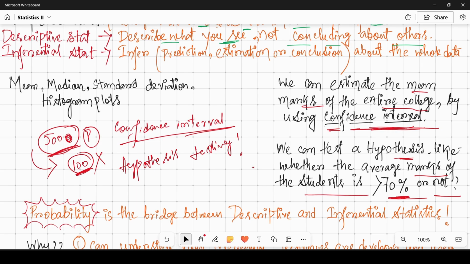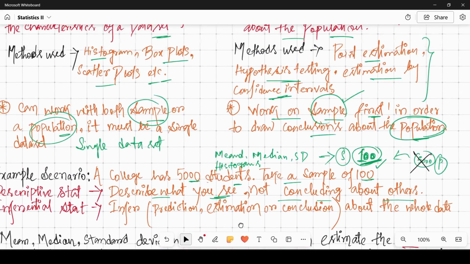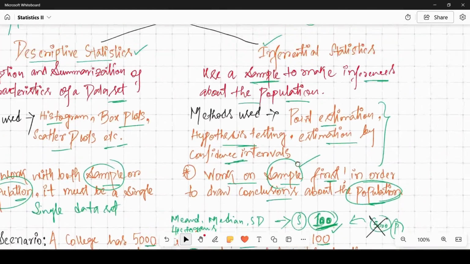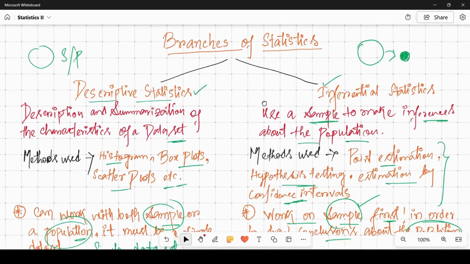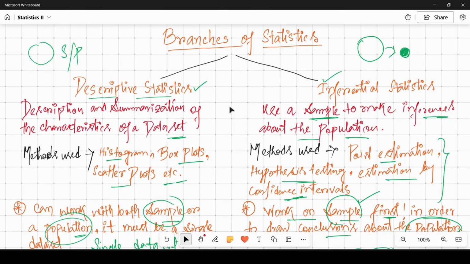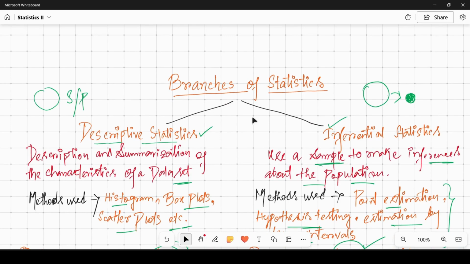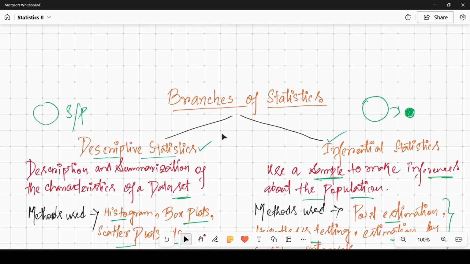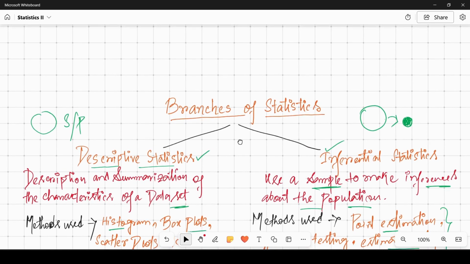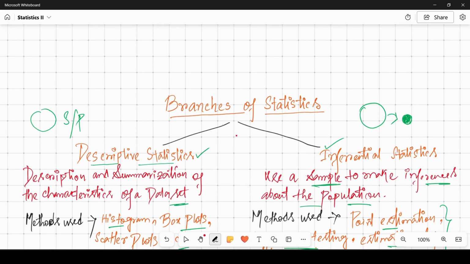Now, after having these ideas, we can say another thing. When we talk about descriptive statistics, we are interested only in performing the techniques or methods on the sample itself, or maybe a population, no matter what it is, but it should be a single data set.